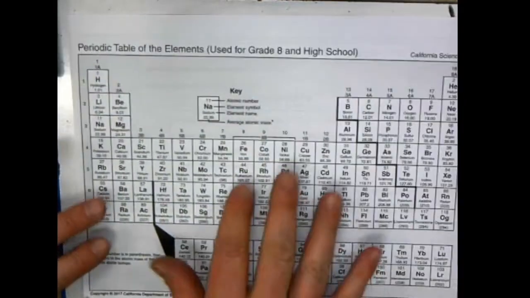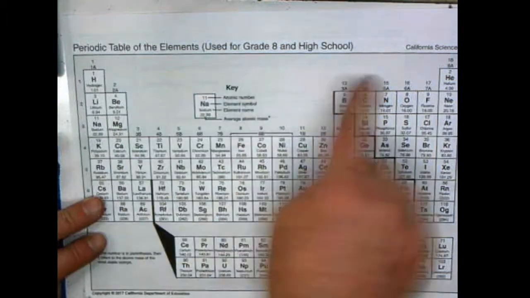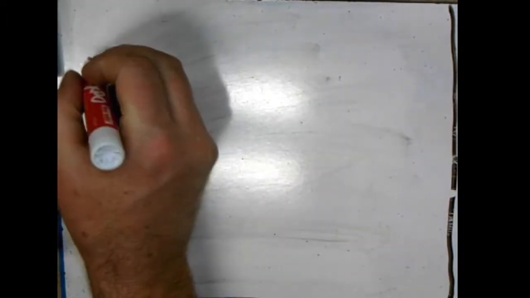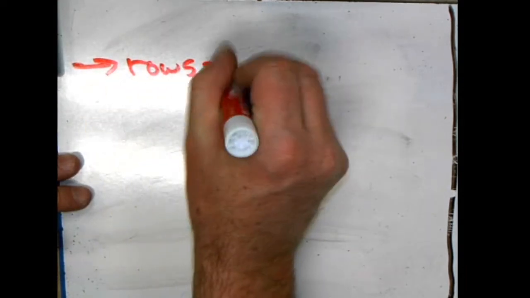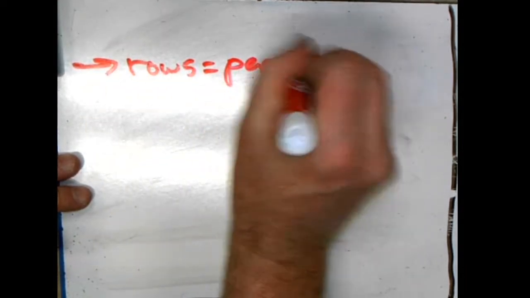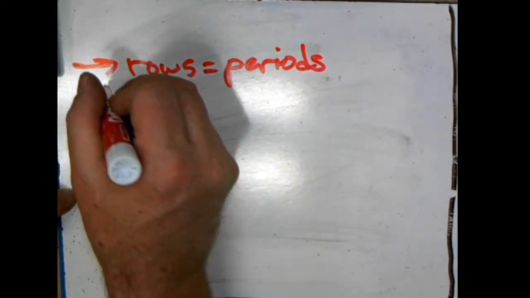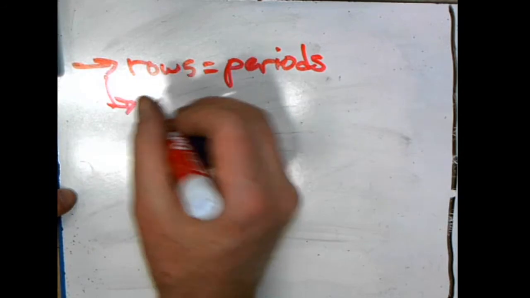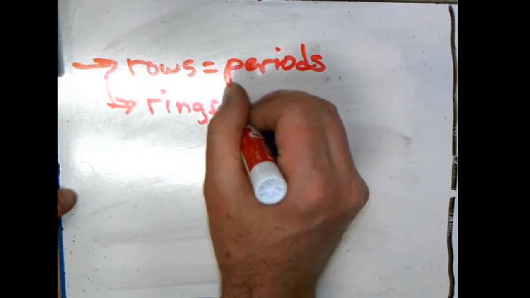So remember, as I've alluded to already, the rows going across the periodic table, going from left to right, are also known as periods. Those rows, or periods, you can also equate to the rings in a Bohr model.